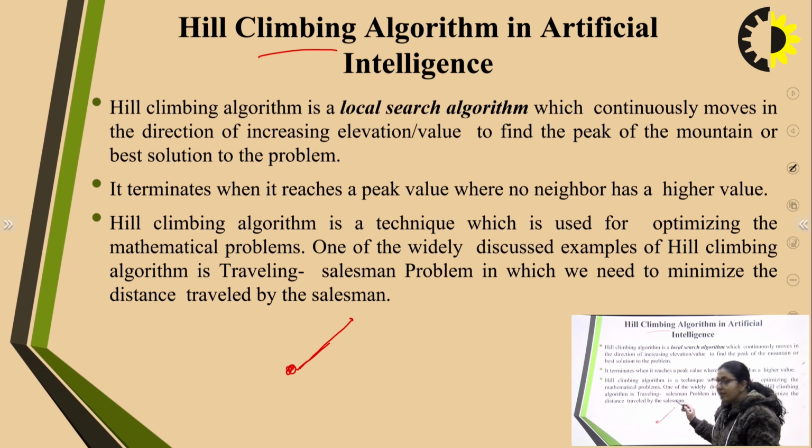The increasing order has some values, like here is some value, here is some value, here is some value. What does this show? It shows that this value is better than the previous one. In the same way, this value is better than the previous one. Let us consider this is x1, this is x2, this one is x3, and here it is x0.